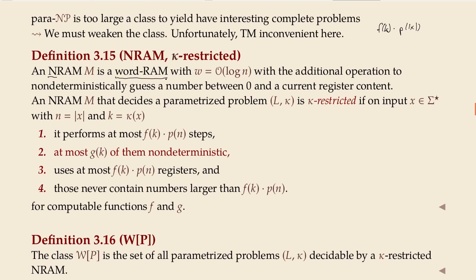So how would you add nondeterminism to that? One relatively simple and clean idea is you add another instruction called guess that for a certain register that contains a certain number replaces this number by a nondeterministic guess that can be a number between 0 and the current content of that register.